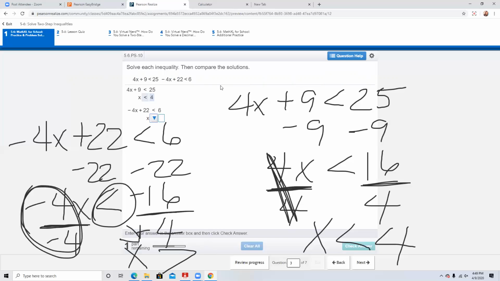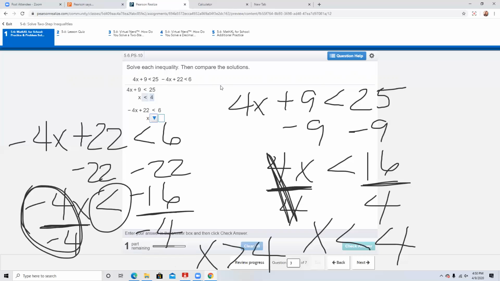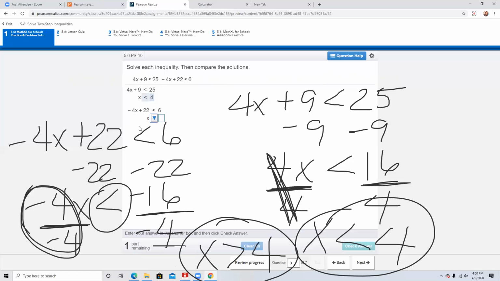Now we're going to flip the sign the opposite way. So negative 16 divided by negative 4 is positive 4. So if we look at this one and we look at this one, are they the same? So we go down to 4. We're going to check our answer.